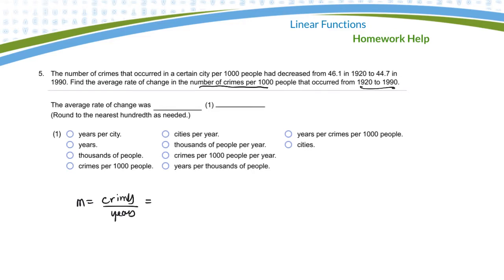Okay, so in 1990 it's 44.7, so 44.7 minus in 1920 it was 46.1, over the years. 44.7 is 1990. I think I said 1990, but I wrote 1920.